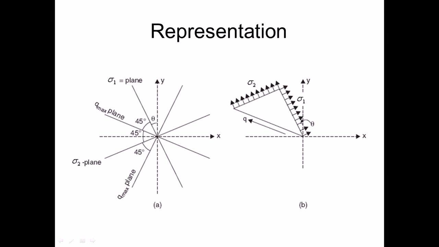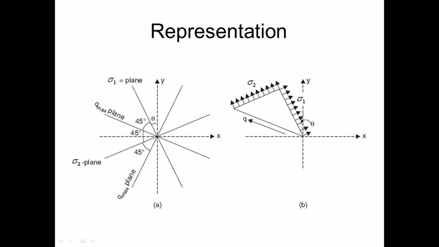Again from this line if you go 90 degree, you will get another plane, sigma 1 and sigma 2. Sigma 1 and sigma 2 are 90 degree apart. Again from the sigma 2 plane if you go 45 degree anticlockwise, you will get Q max and Q min. So this Q max plane is one plane and this another, so they are 90 degree. Similarly sigma 1, sigma 2 are at angle 45 plus 45, 90 degree.